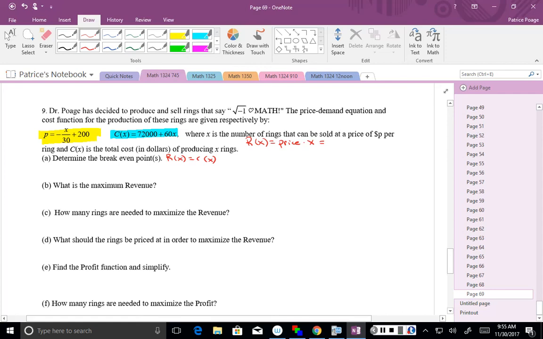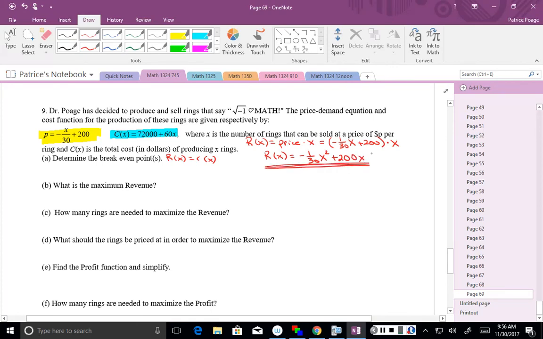When I write my sell price out, I don't like having x over 30. I'm going to pull my number out front and make it negative 1 over 30 x plus 200 times x. And so my revenue is going to be negative 1 over 30 x squared plus 200x.